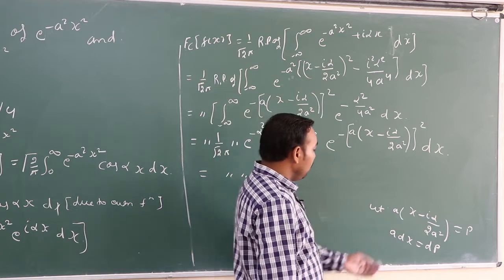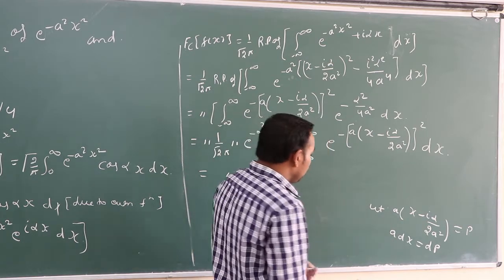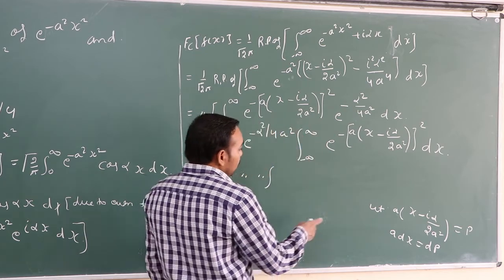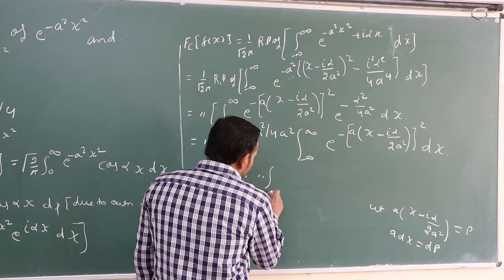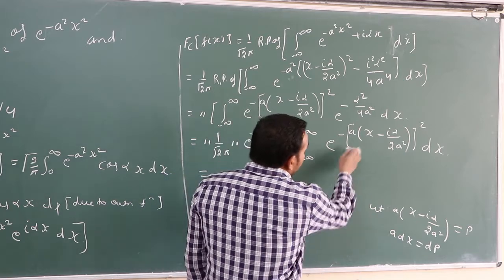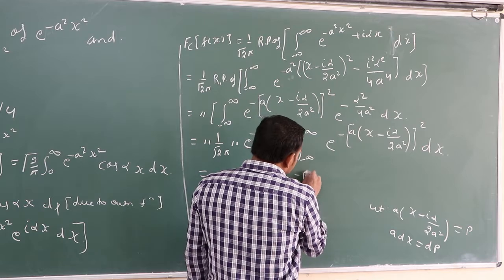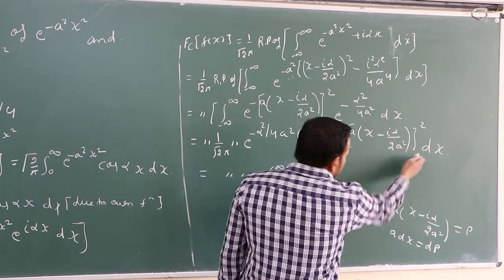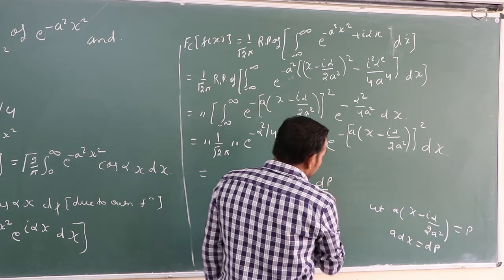And you see here at x equal to minus infinity, p goes to minus infinity, and x going to infinity, p going to infinity. So here, from minus infinity to plus infinity, e to the power minus p square, and dx means dp upon a.